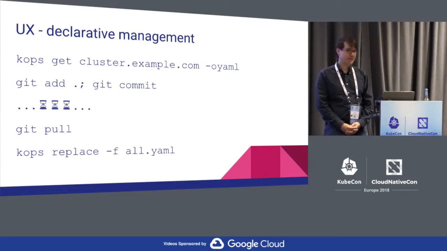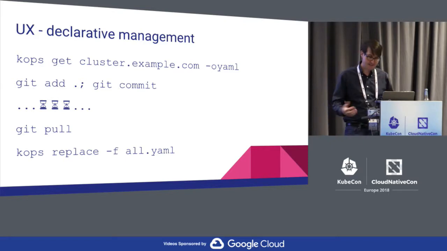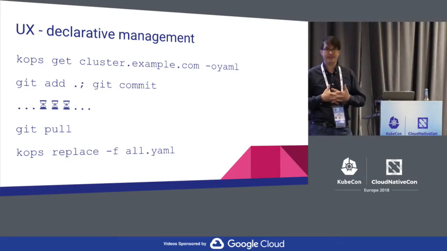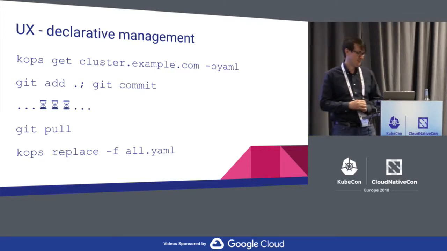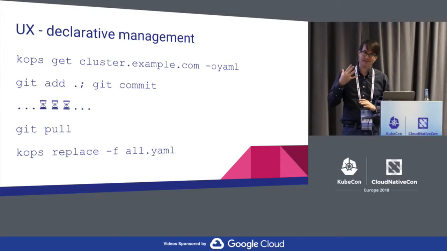You store all your YAML files in Git, and then you make changes in that Git repository through your normal PR process. You review those changes to your infrastructure, you sign off on them, you merge them, and then a CI or CD system would apply those changes for you.